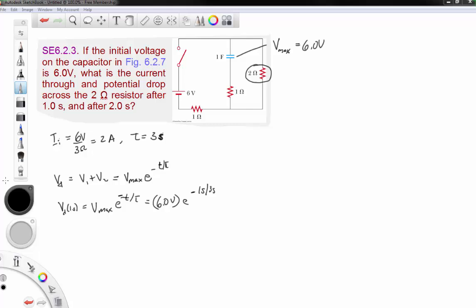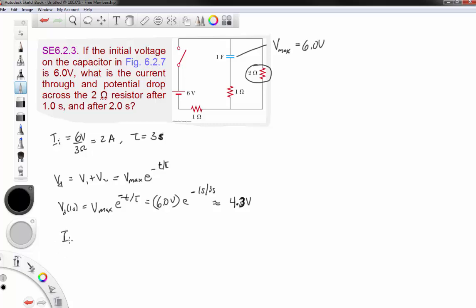So we throw this into our calculator and we get 6 times e to the power of negative 1/3, and according to my calculator that's 4.299, so maybe we should round that to about 4.3 volts. So that's what the voltage drop across this pair must be.